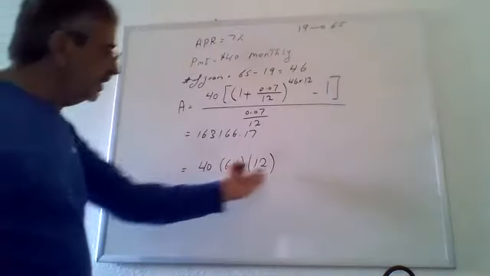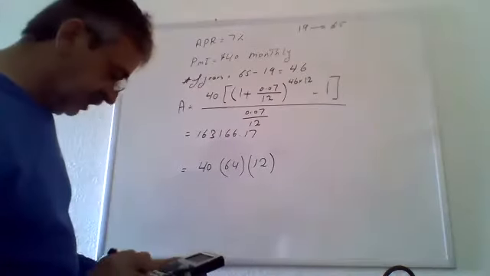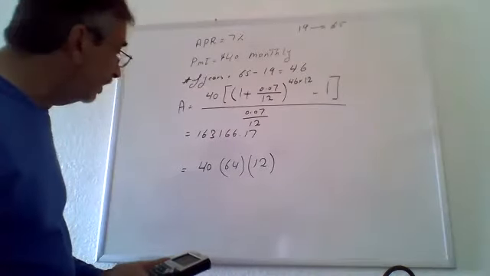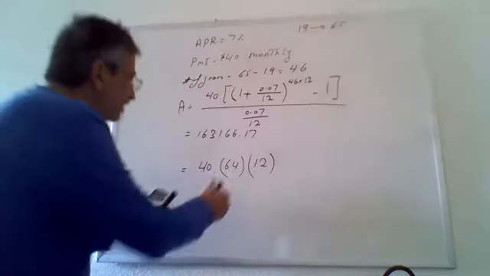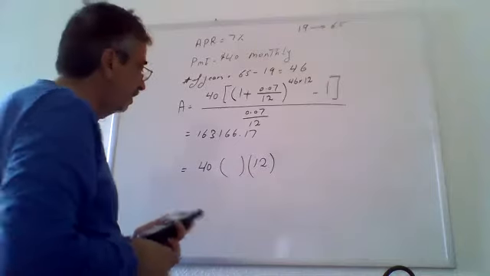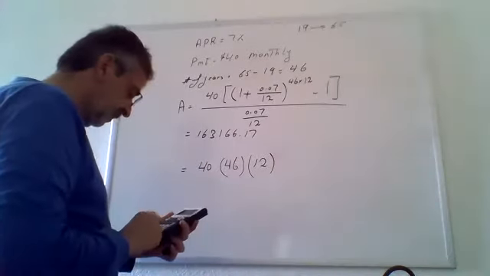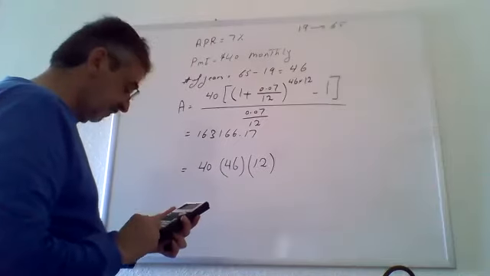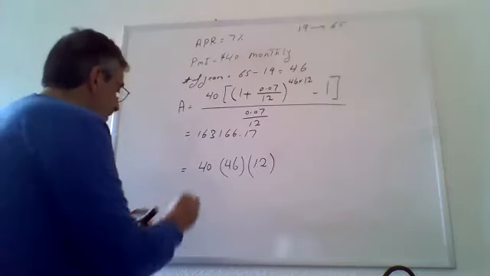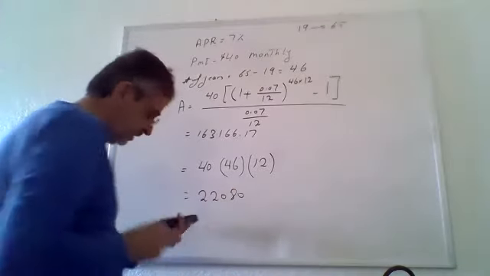So basically, we multiply those together: 46 times 12 is $22,080.